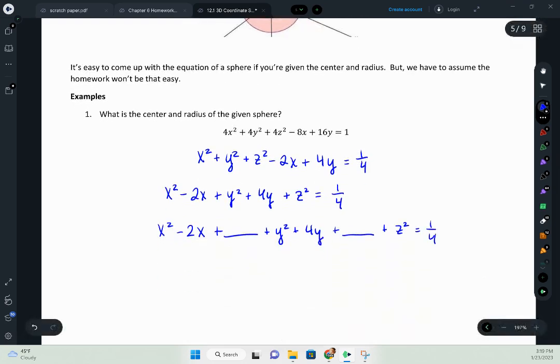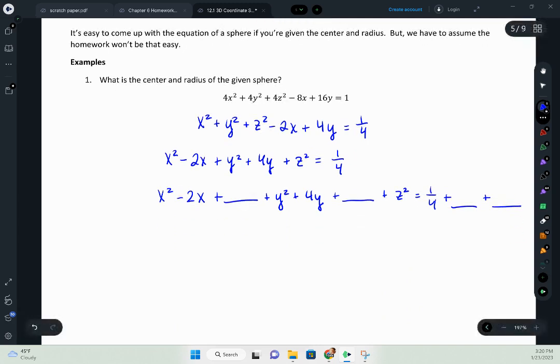Now, golden rule, if you're doing stuff to equations: if you're going to add or subtract something on one side of the equation, you better be doing it on the other side. So on the left-hand side, I'm adding two things. That means on the right side, I should be adding two things as well. Okay, now let's figure out what those things are.